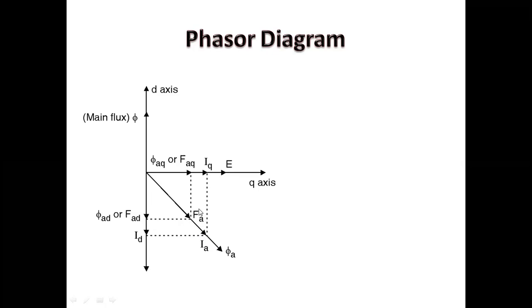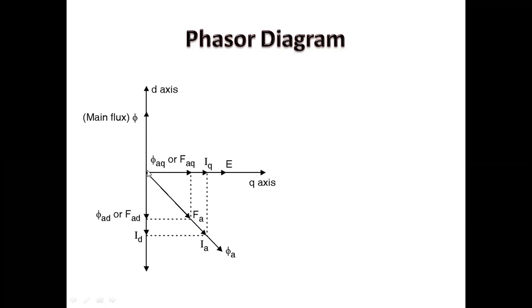Now this FA, according to Blondel's two reaction theory, will be split into two parts. One along direct axis and one along quadrature axis. So this FA is resolved into two components.